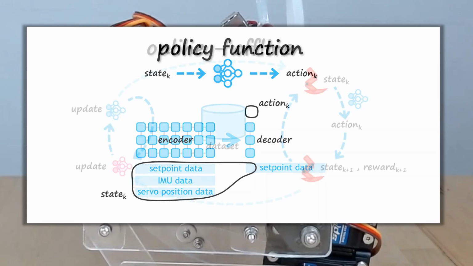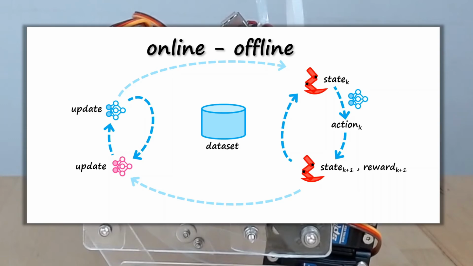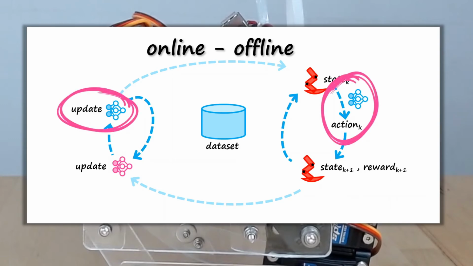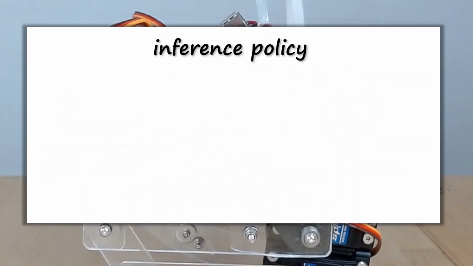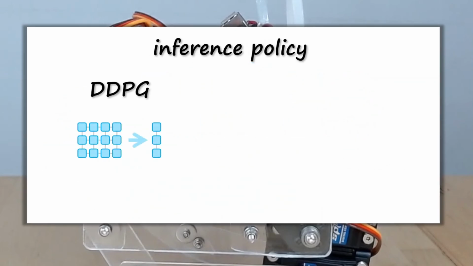Now the final step in the process is to connect the trained policy and the inference policy and close the loop. Unfortunately, this requires a little bit more work. When training the policy model, we get a mapping from the current state to the next time step action to be taken.